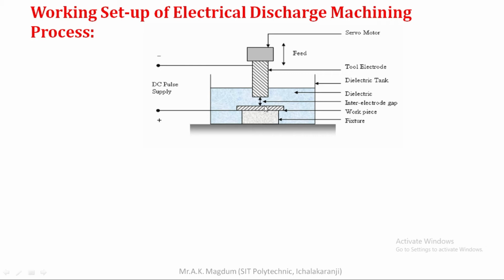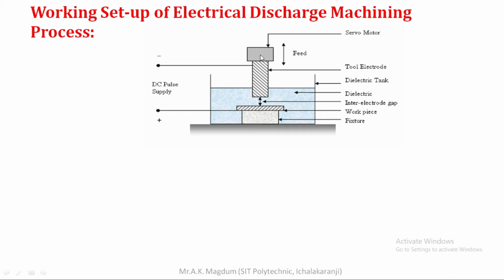Between the workpiece and the electrode, one inter-electrode gap, which we call the spark gap, is maintained. This faint blue shade clearly shows that it is filled with dielectric fluid, and this is the dielectric tank. This is the tool electrode, and this is the feed motion.